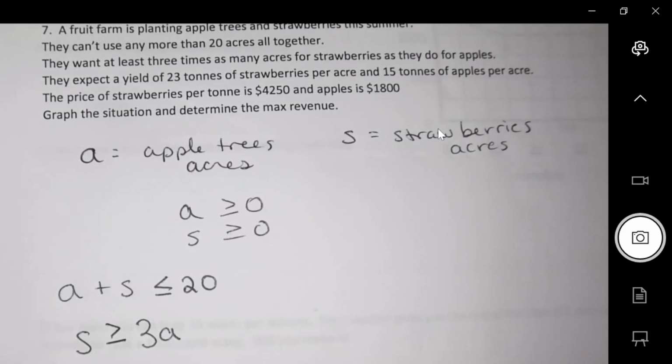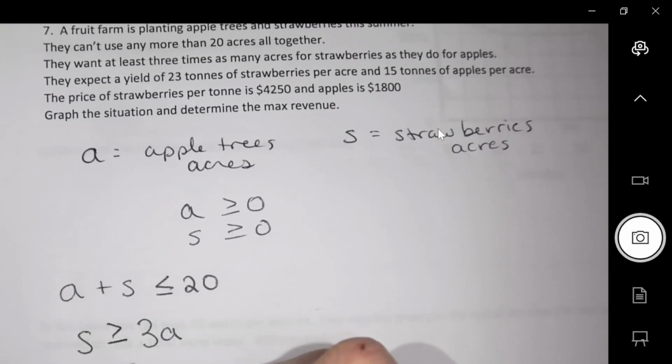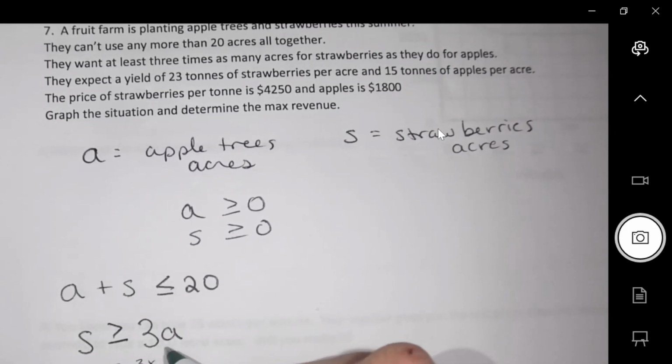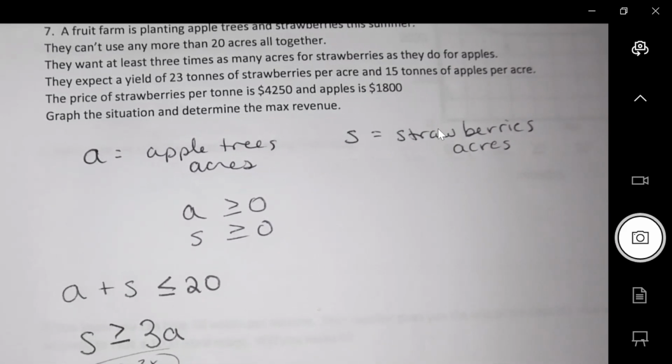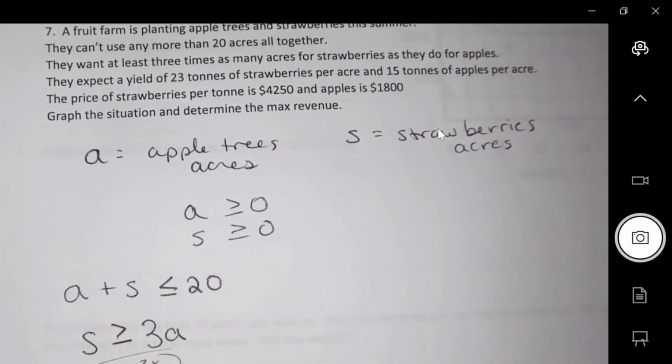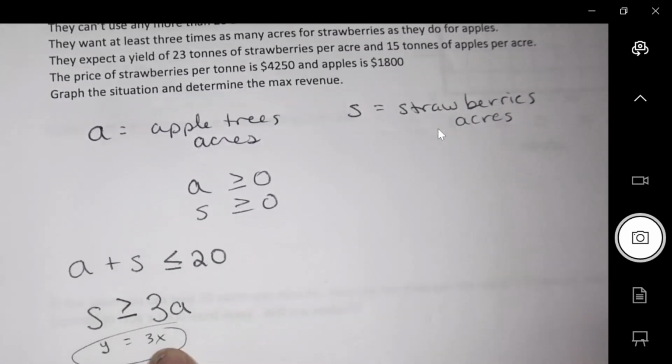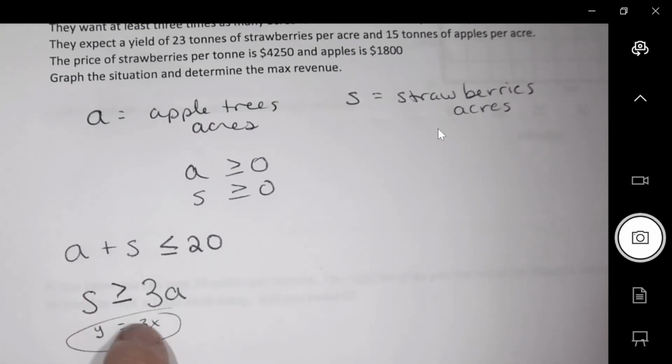Okay, when I'm picking which one to put on which axis, I do this kind of thinking. Because this is easier, instead of doing x and 3y, it's easier to do the y.